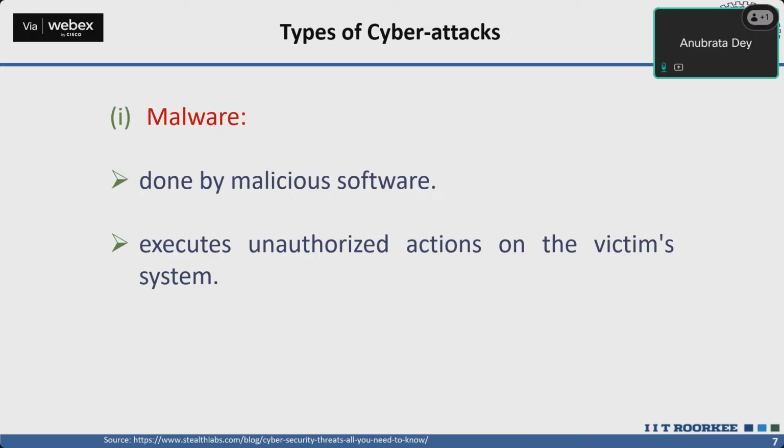When this attack is executed, unauthorized action takes place on the victim system. They may try to manipulate the data or hack the data. Such incidents have been observed and were also cited by various papers in the past.